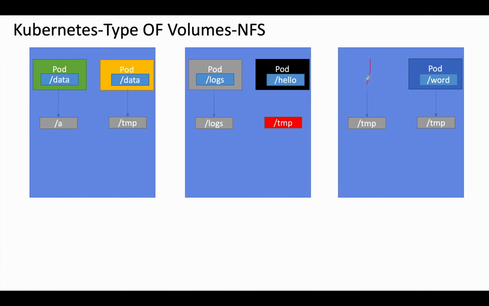If this container failed, a new container will restart, and it will bind to a new directory, but with a clean state. A second problem occurs when sharing files between containers running together in a pod. The Kubernetes volume abstraction solves both of these problems.